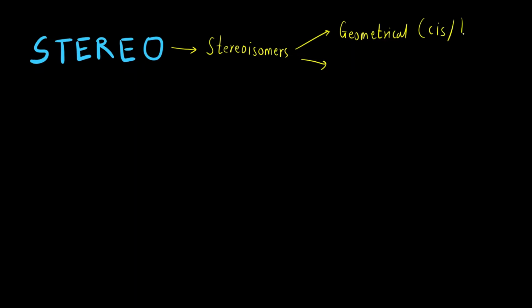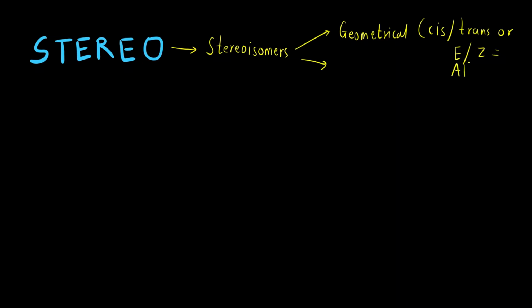What is the meaning of stereo? Stereo here refers to stereoisomers. Now we know stereoisomers can be of two types. One is either they are geometrical isomers. What is the meaning of geometrical isomer? Cis-trans or EZ isomers.